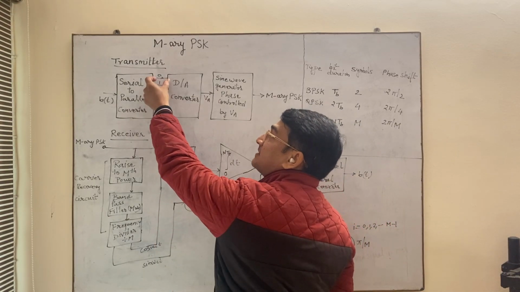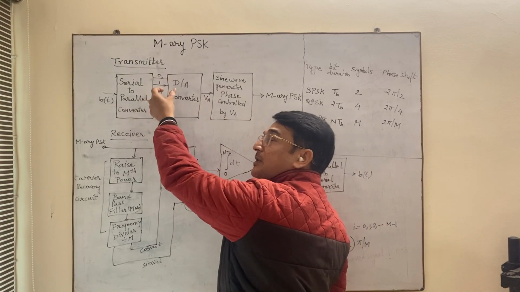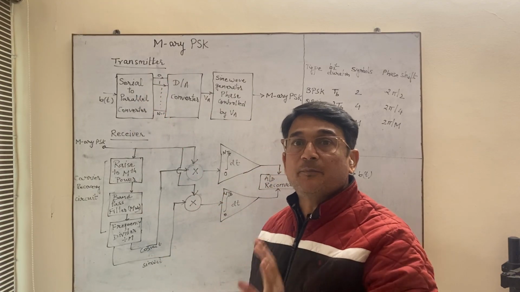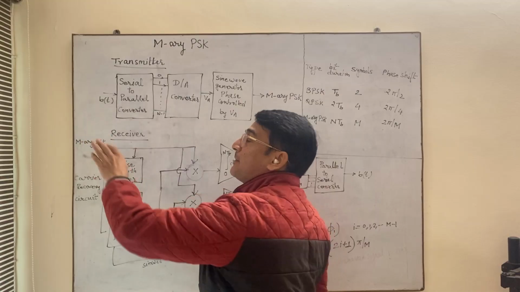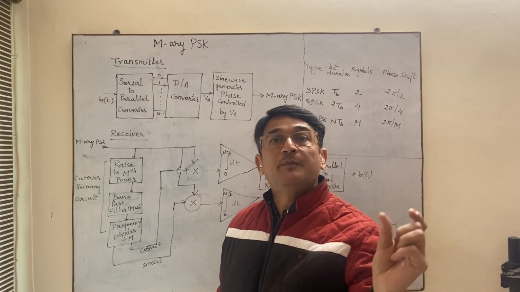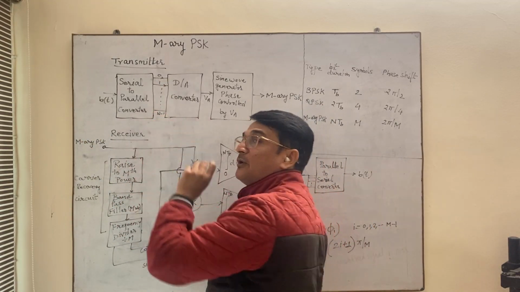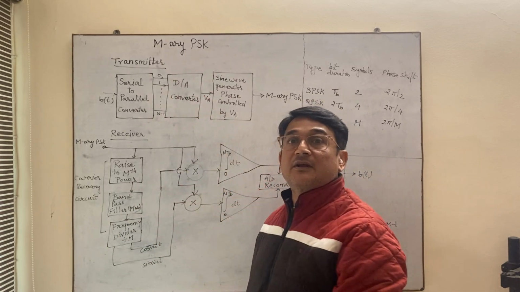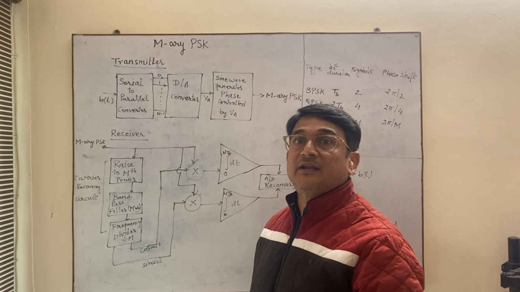So that means either 000 or 001 or 010 or 111. Such 8 combinations will be possible. If you are combining the bit sequence in 2 bits each, then there will be only 4 different combinations possible. So accordingly, we can create various M-ary techniques.